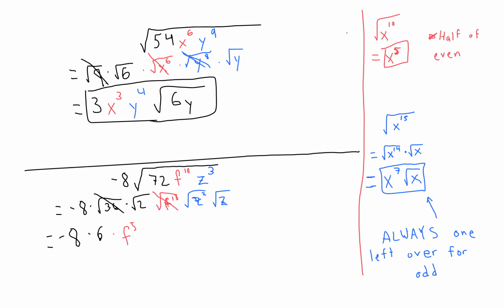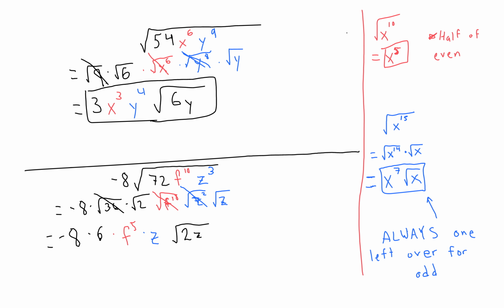The square root of z squared, take half of 2, that's just 1z, so I'll put my z there. And then finally, what do we have left under this radical sign? You have a 2 and a z. That's what's left over.